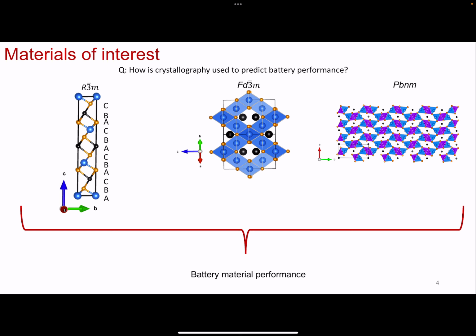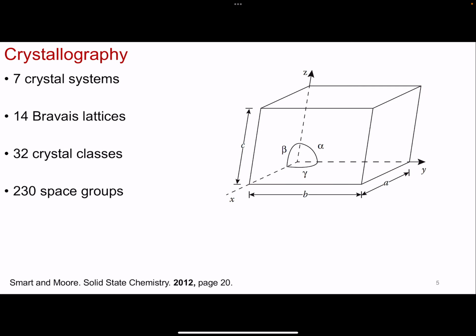So how do we go from this part of the slide where we understand the crystal structure and then to the battery material performance? So in class we talked about the structure of graphite and how it's hexagonal, but how do we get there? How do we build up so that we can say that graphite has a crystal structure of P6_3/mmc?